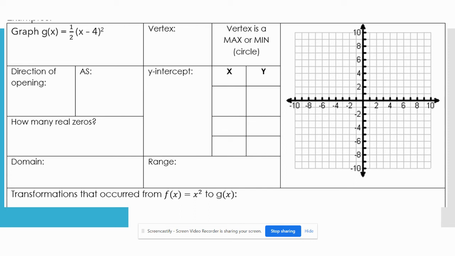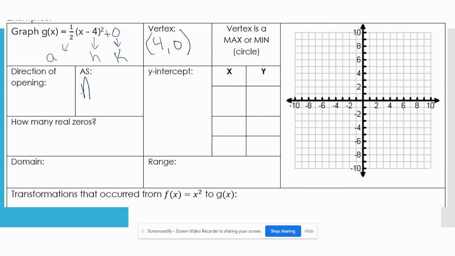All right, graphing. So we have a half times x minus 4 squared. Now there's nothing on the right side. We didn't add anything there. If you'd like to, you can write a plus 0. Remember, the 1/2 is your a, the minus 4 is your h, and that plus 0 is your k. That means our vertex is at positive 4, 0.